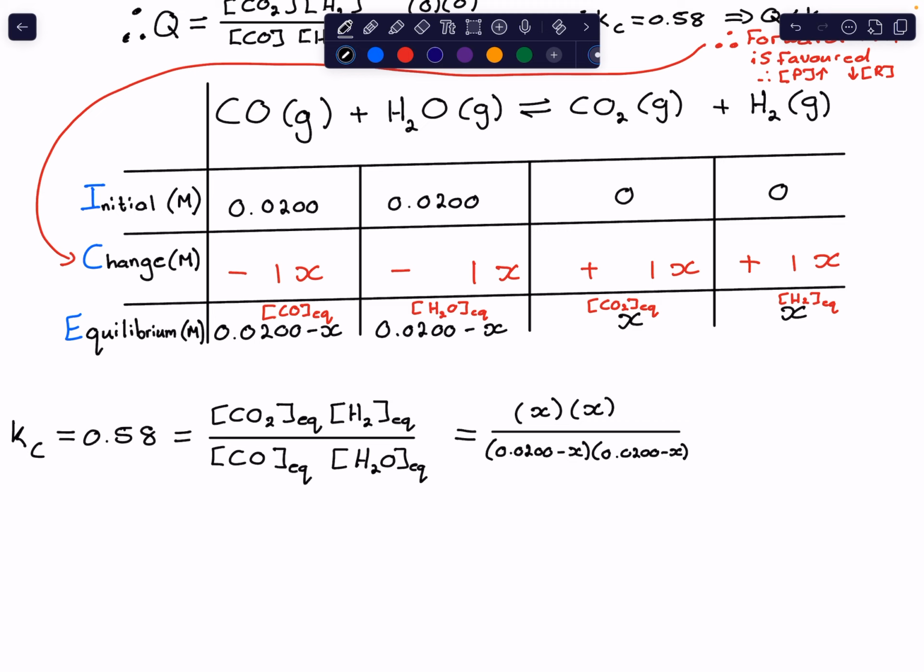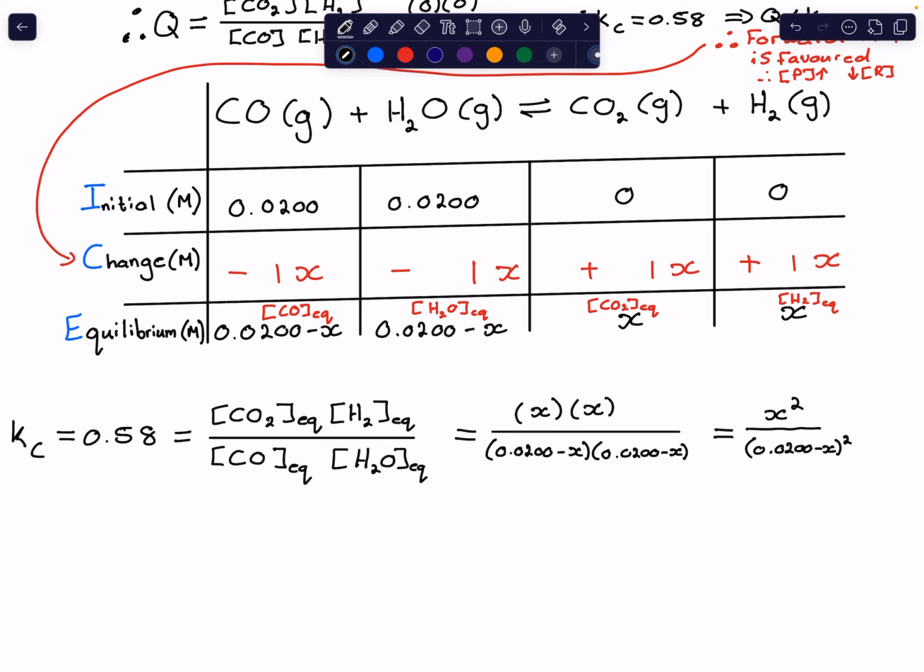All right. We can also simplify this a bit further. At the top we get x squared, and at the bottom we also have the same thing multiplied by each other, so it's 0.0200 minus x squared.